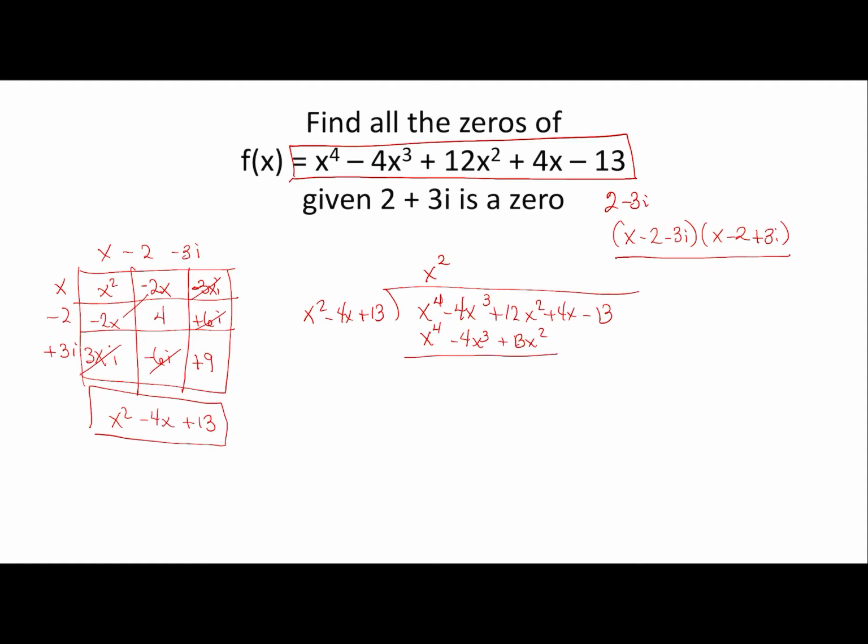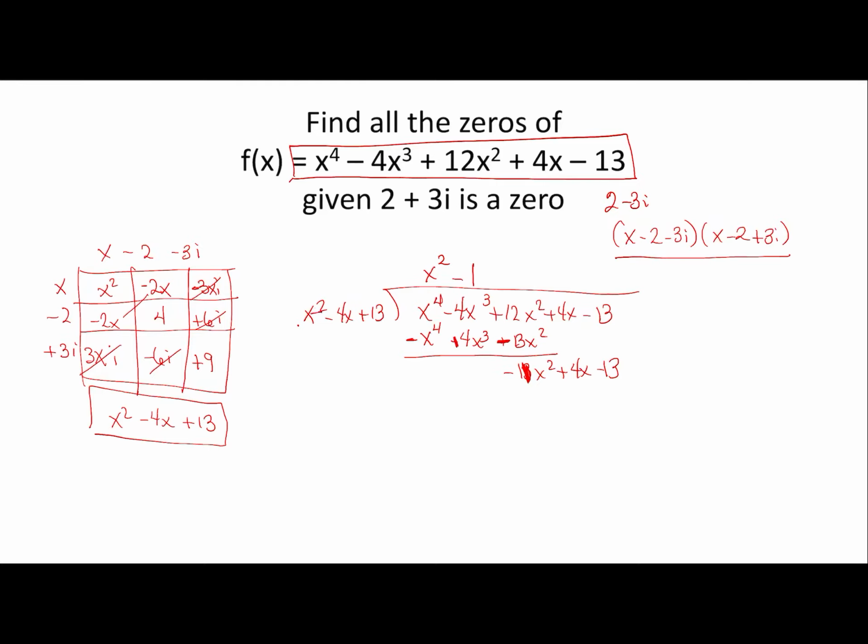Change the signs of everyone and add. The x to the fourths are gone, the x cubes are gone, and we'll have a -13x squared plus 4x minus 13 when we bring our remaining terms down, and x squared has to be multiplied by a -1, not 13, -1 to get an x squared.